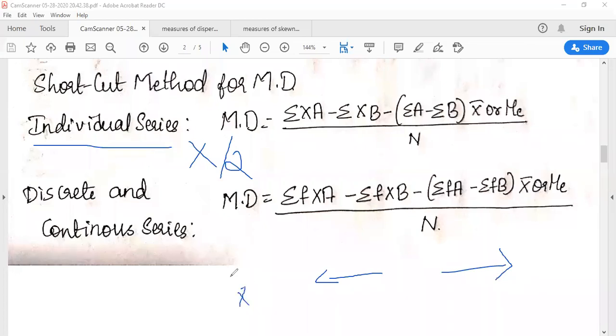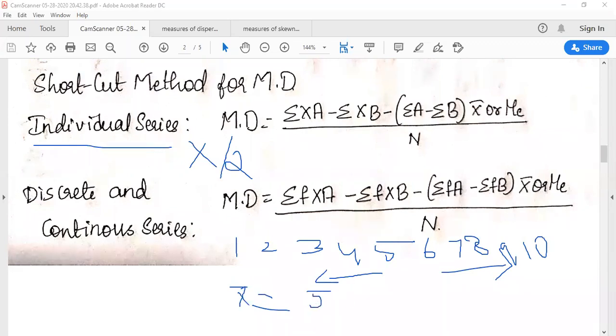Suppose, let's take for example, x numbers to be 1 2 3 4 5 6 7 8 9 and 10. Suppose the x bar is 5, just for example.